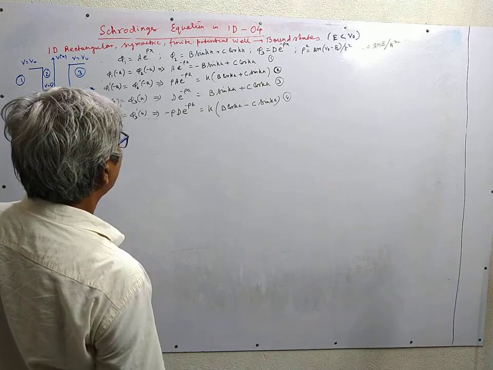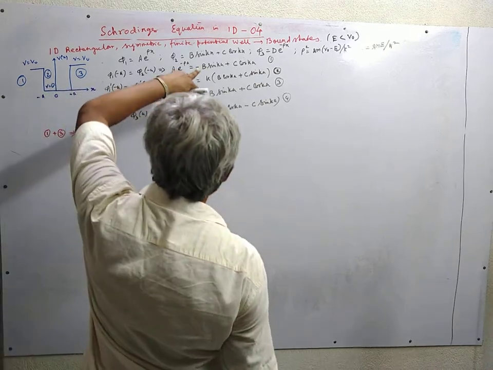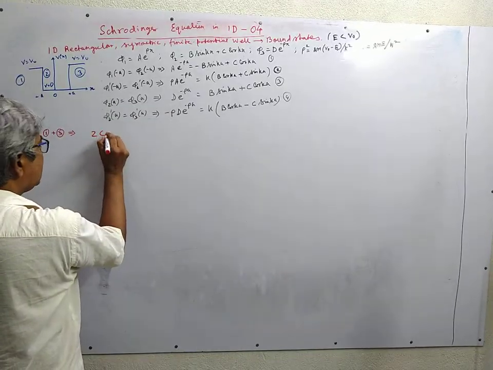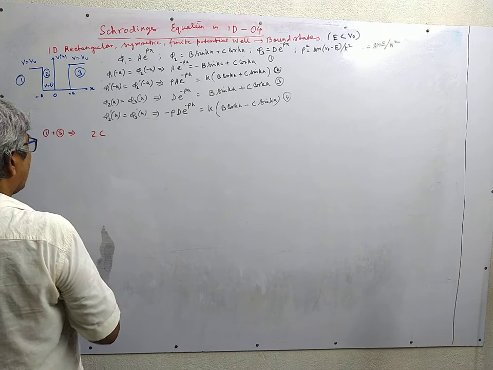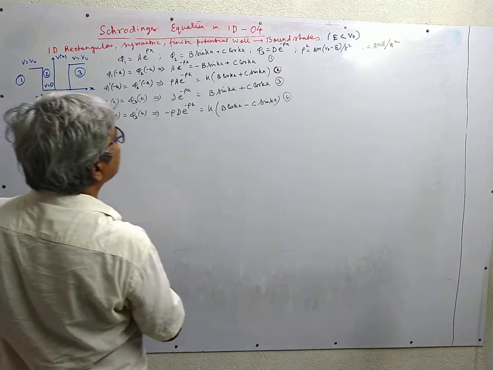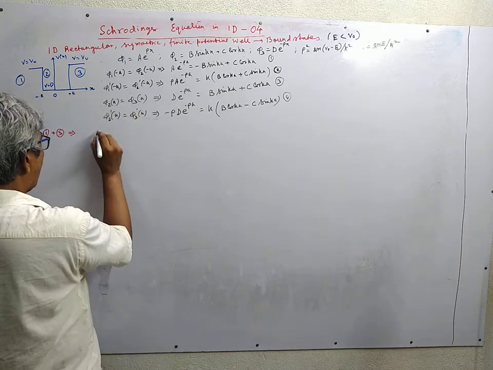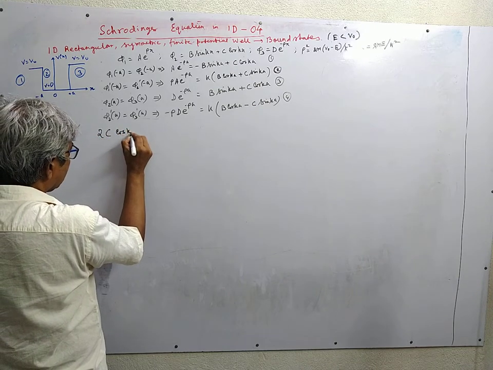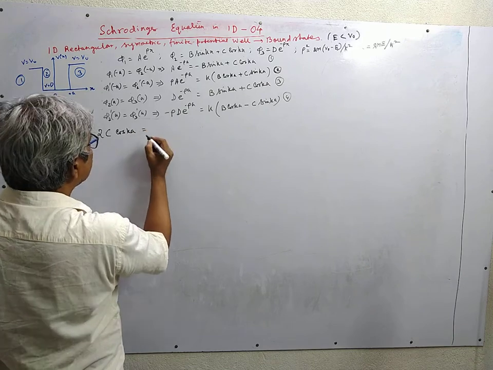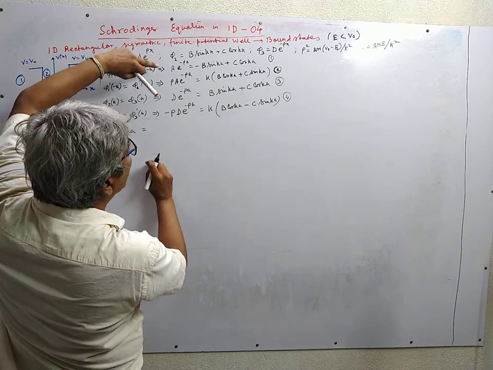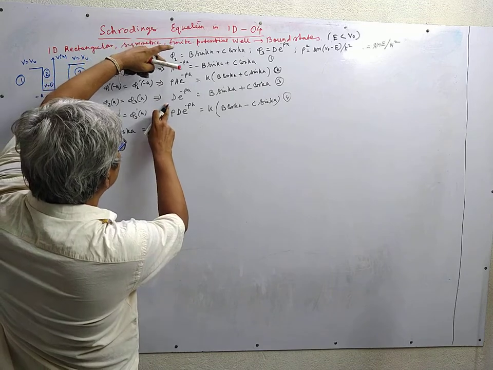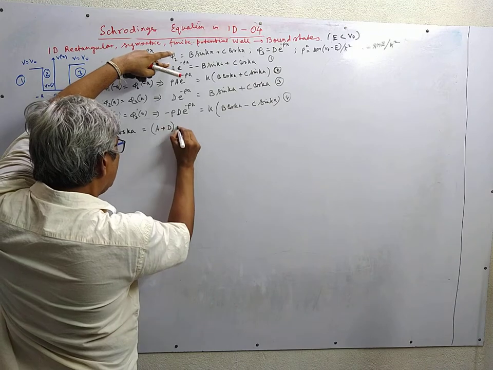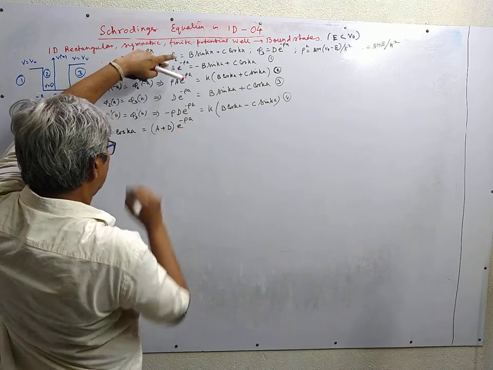If we add 1 and 3, we see that this term goes, so we will have 2c cos ka is equal to, 1 and 3 is being added, so (a plus d) e to the power minus rho a.